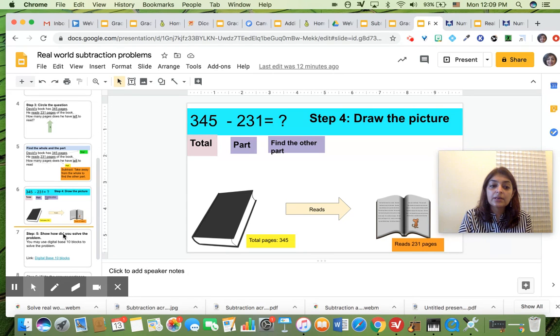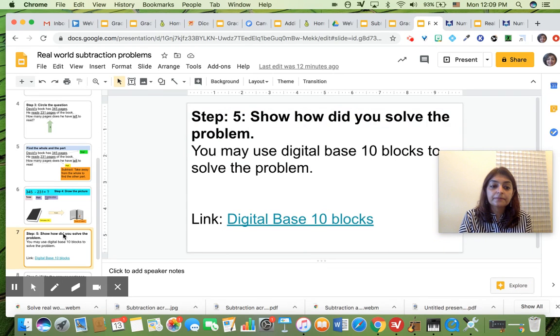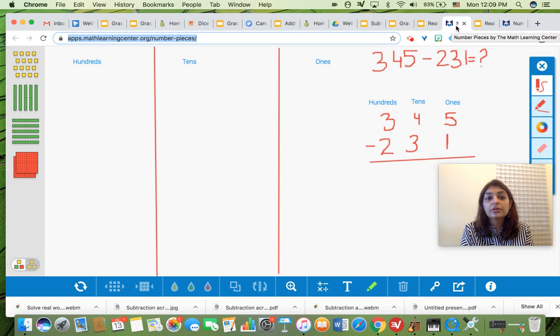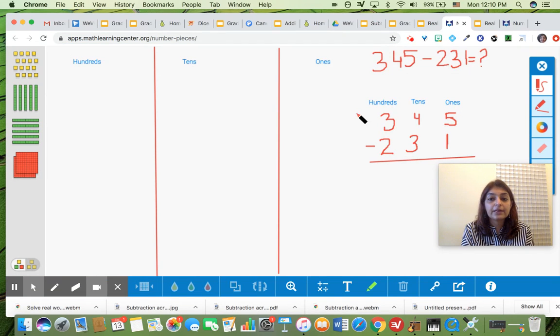And then comes the next step. Our next step is about showing how you solved the problem. So you may use digit pads and blocks to solve the subtraction problem. So this is the problem that we have right now in front of us. We have these two numbers, 345 minus 231.